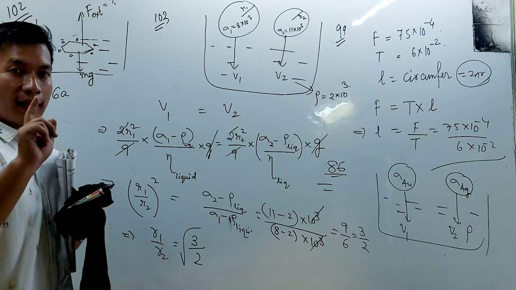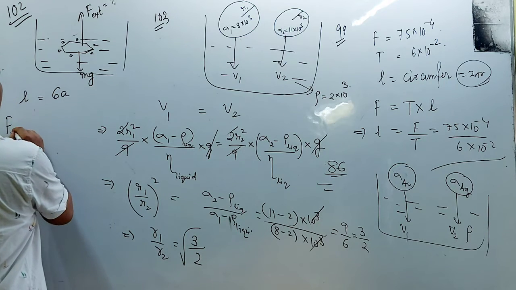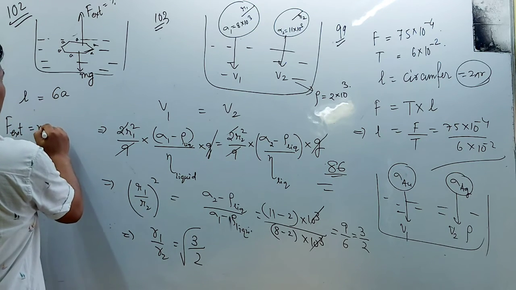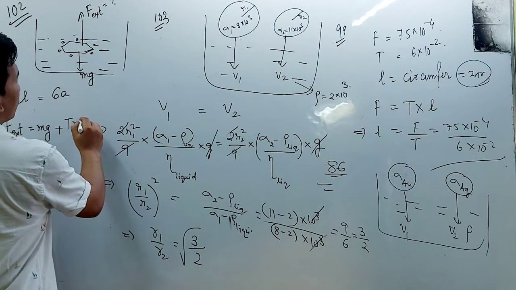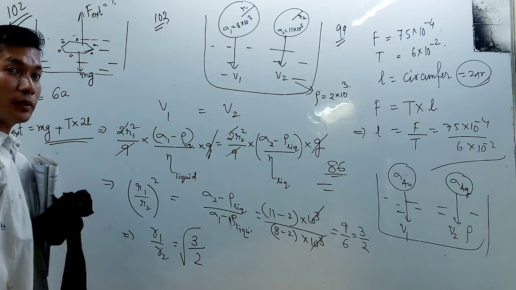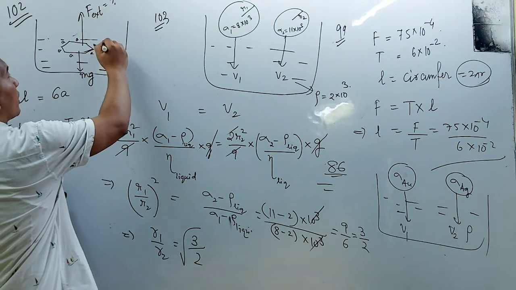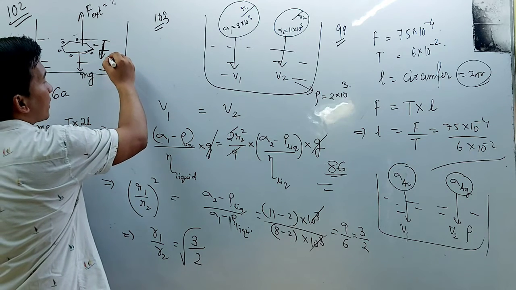So the external force that is required will be equal to mg plus surface tension T into twice l. Do you understand this step? We have to overcome the resistive force produced by surface tension.